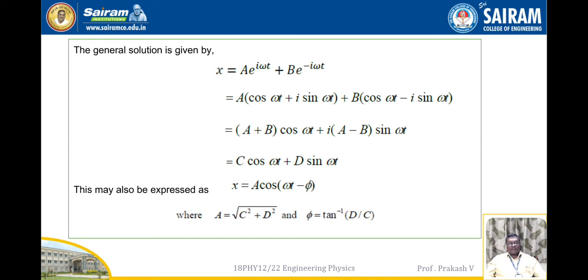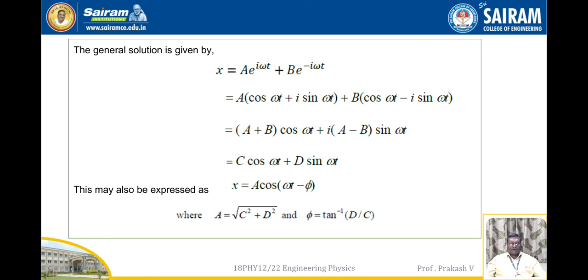This is the expanded form when we expand e to the power of i omega t and e to the power of minus i omega t. On simplification, we get another term, that is a plus b into cos omega t plus i into a minus b into sin omega t.